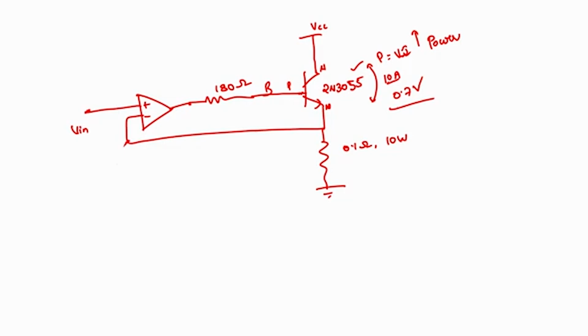That means the voltage difference between the positive and negative terminals will always be zero. So, if I say this is V plus and this is V minus, V plus is always equal to V minus, or V plus minus V minus is equal to 0. This is the golden rule. Another important thing is very high input impedance, so no current will flow into the input, which we already know.